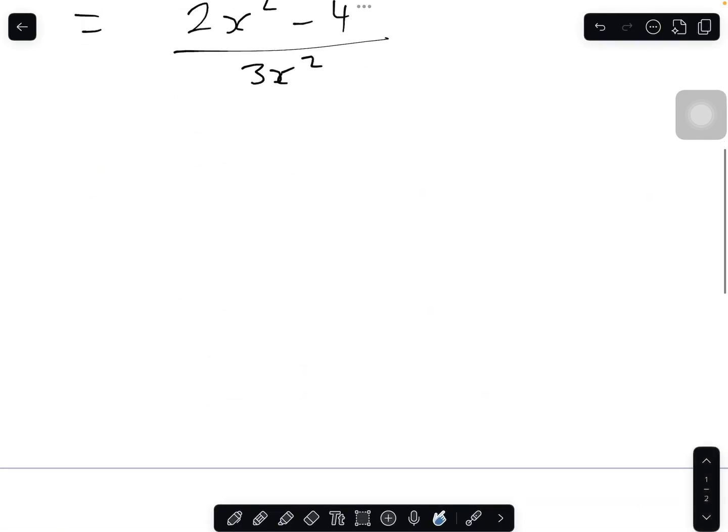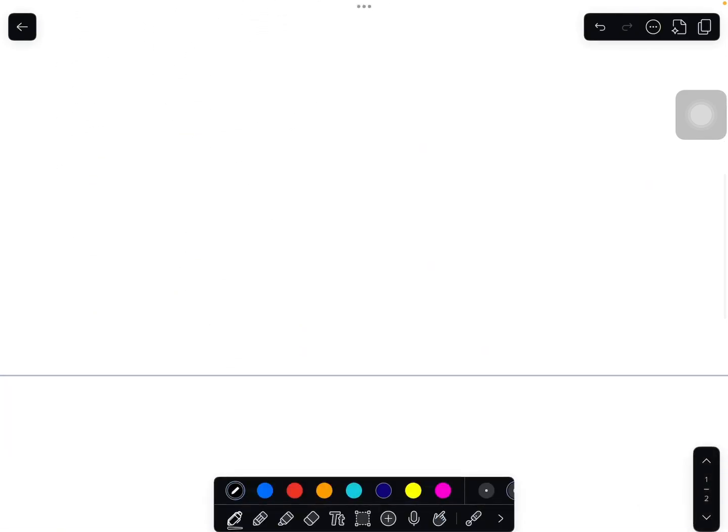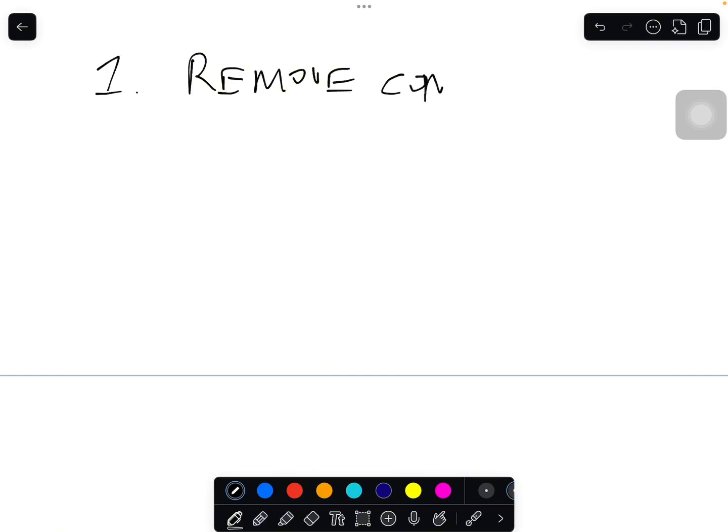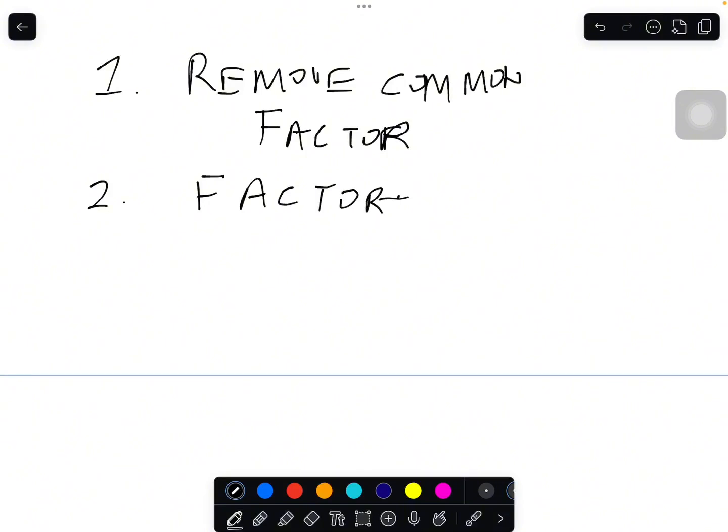Before you go, let's just go through the steps we're going to look at for this. Our first thing we're going to do always is see if we can remove a common factor. So that's step 1. The second thing we're going to do is see if we can factorize. And then you need to make sure you're working on multiplication if there is multiplication in the fractions.